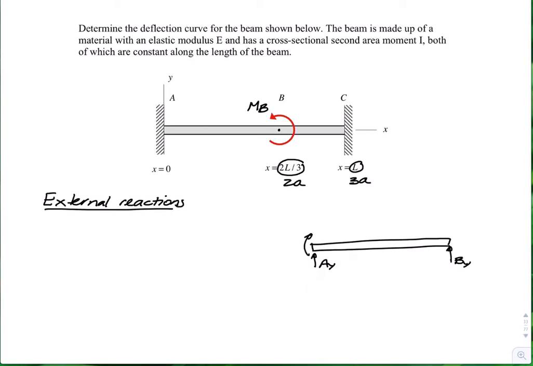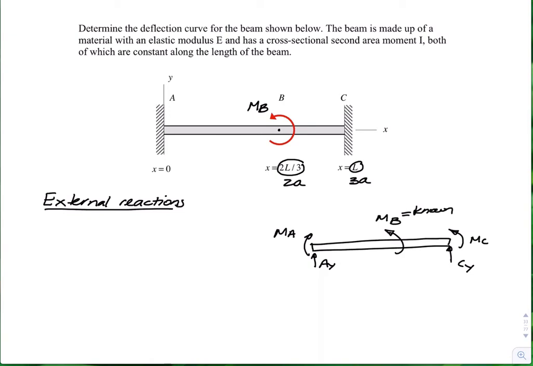We have MA and MC. This is actually point C there on the right side. So I will make this force CY. And then there is this known couple there, MB. The only thing of the 5 shown in the FBD that we know is MB. So this is a known.